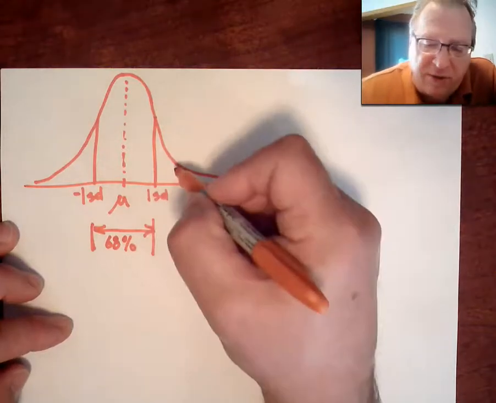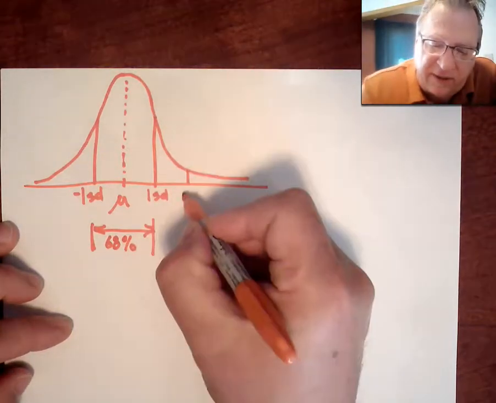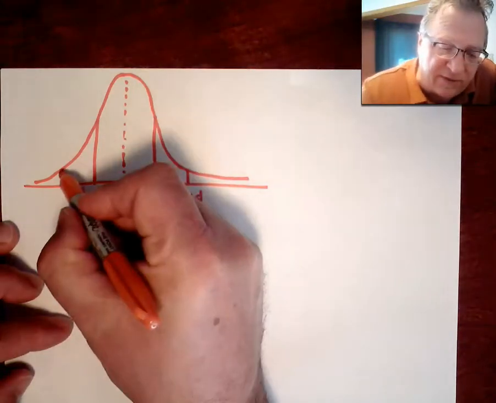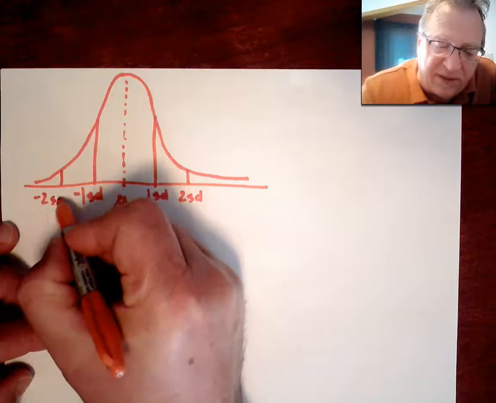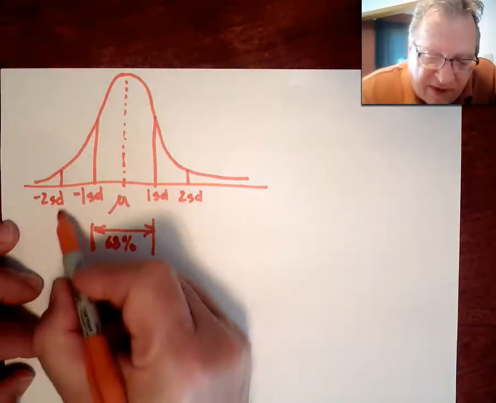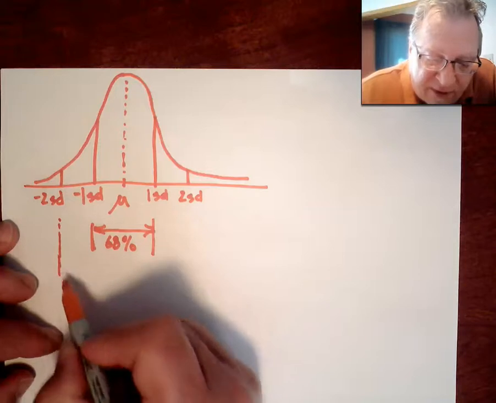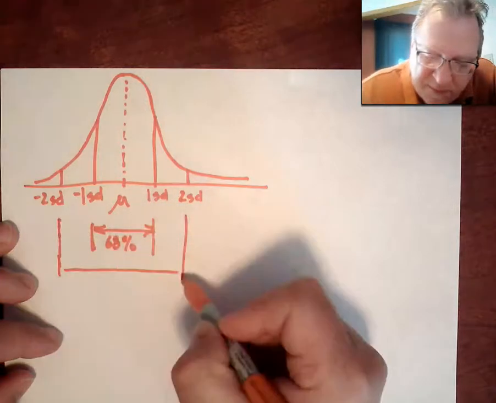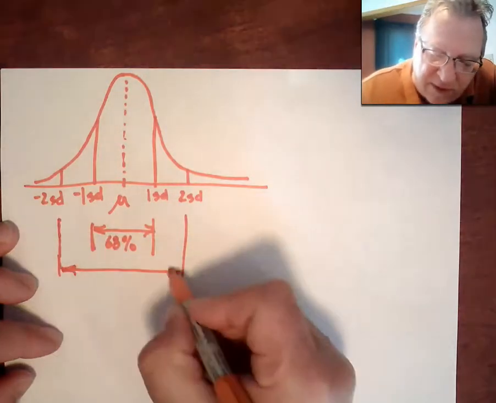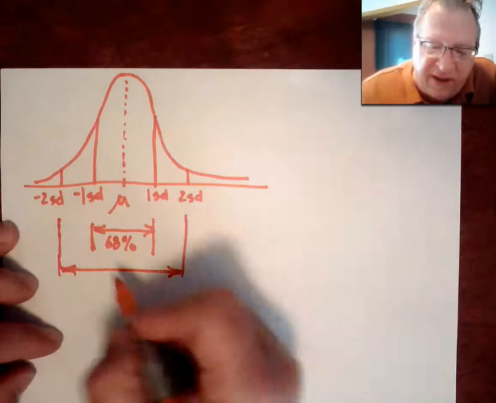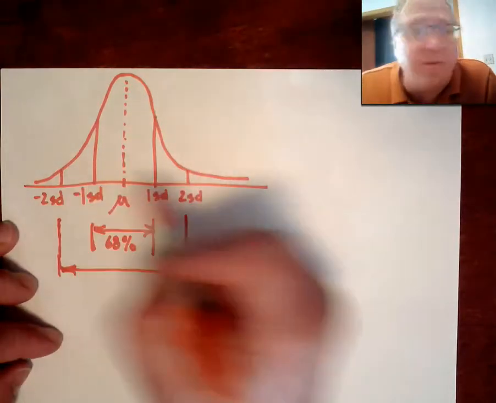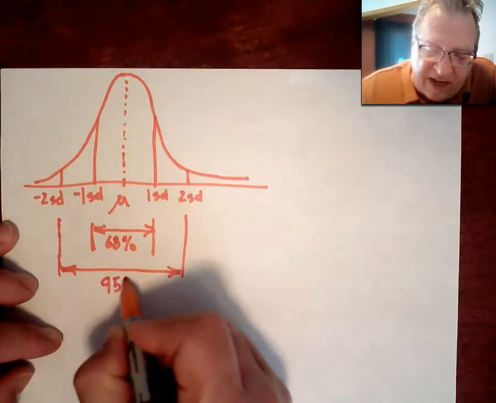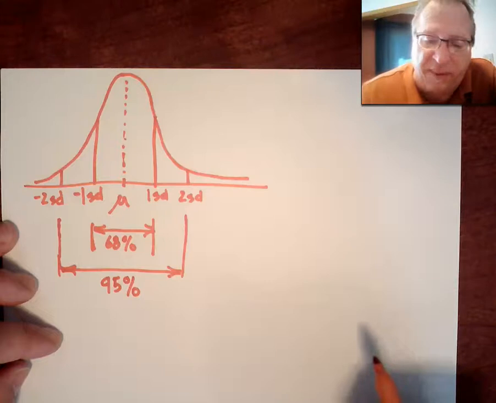Also, if we go out to this point, and let's call that 2 standard deviations, and likewise over here, minus 2 standard deviations, this area under the curve bounded by plus or minus 2 standard deviations is equal to 95% of the area of the curve.